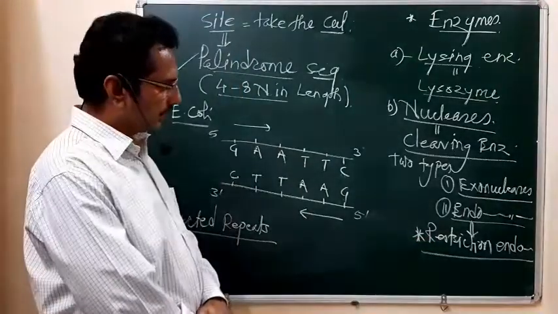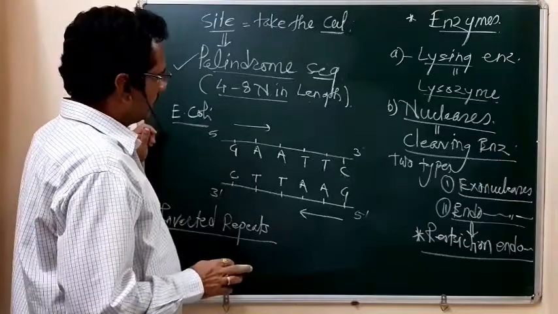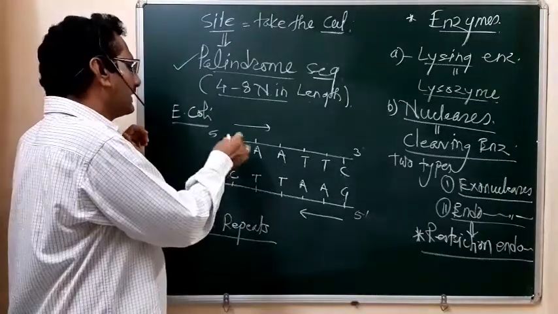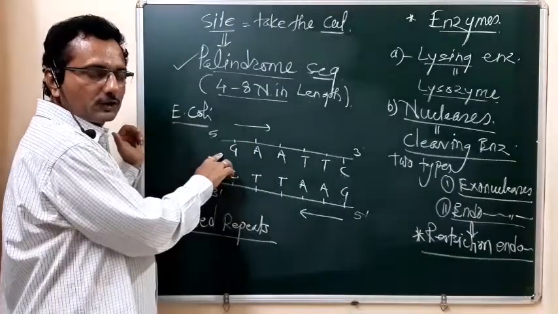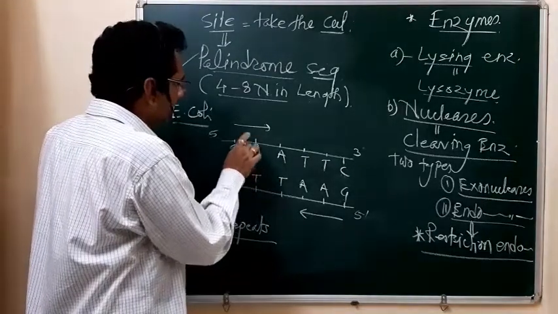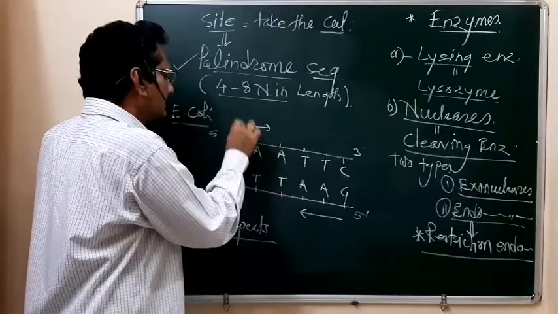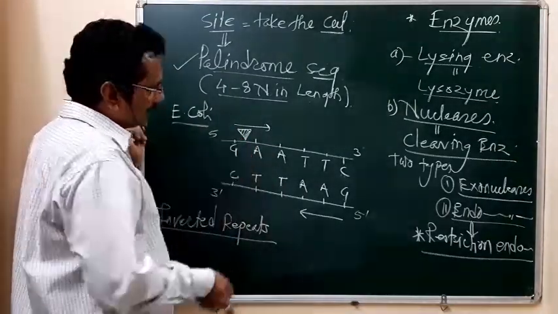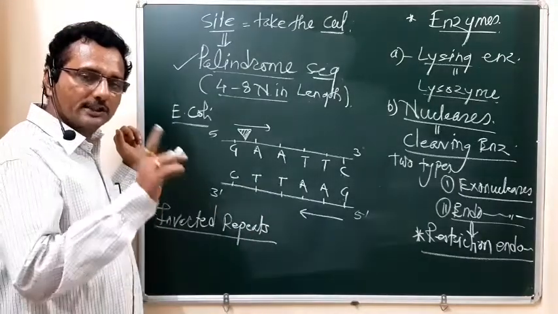So how do they take the cut at the restriction site? See, on one strand, this enzyme acts in between the first two nucleotides, that means in between the guanine and adenine. So this is the cutting site. Okay, this is the cutting site of the enzyme on one strand, and on the other strand they take the cut in between the same nucleotides.